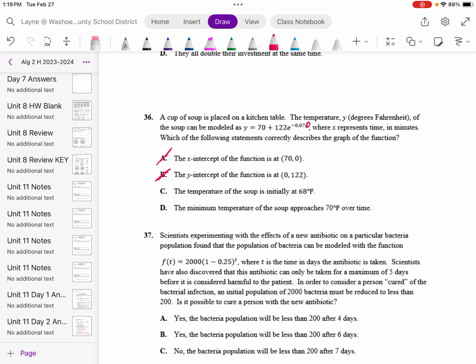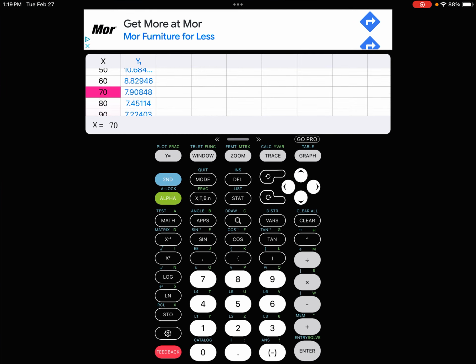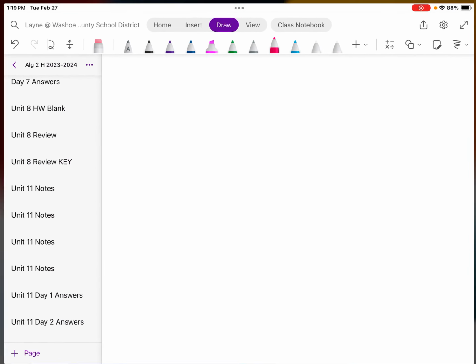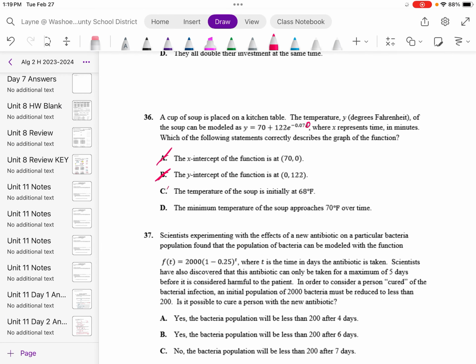And we saw that the y-intercept was actually, let's keep going. The y-intercept is 129, meaning the initial temperature is 129, not 68. So it's hot soup. It starts off hot, and then it'll cool down.